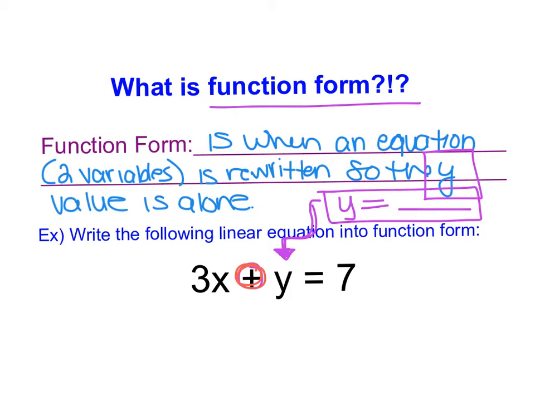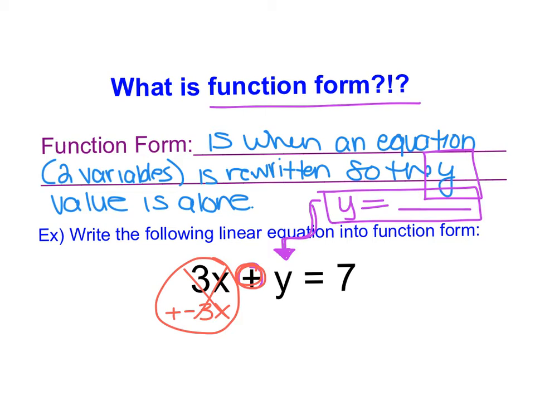So if I want to undo an addition, I know that I undo an addition by using subtraction or by adding a negative version of that number. So here, if we add negative 3x, or you can think about it as subtract 3x, from each side, this actually becomes 0.